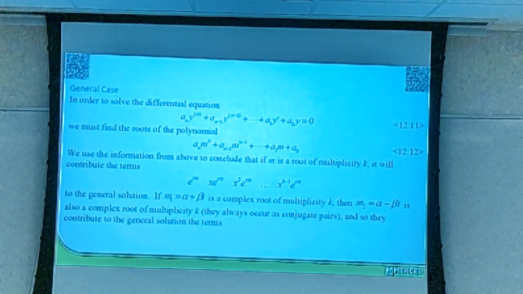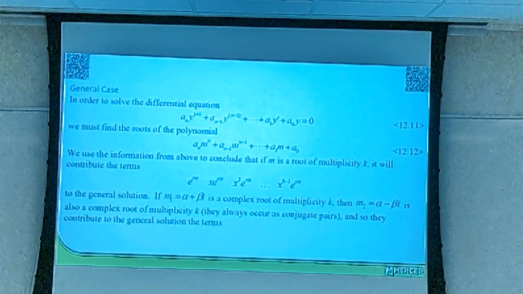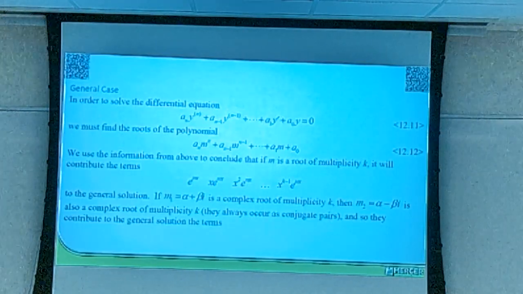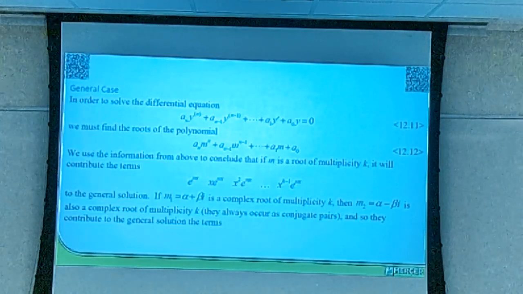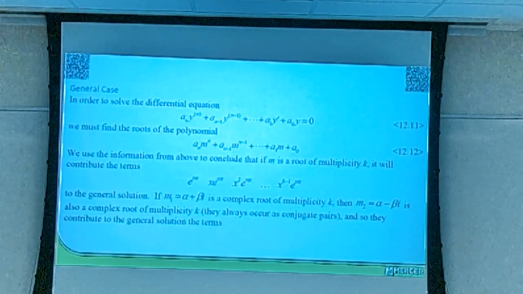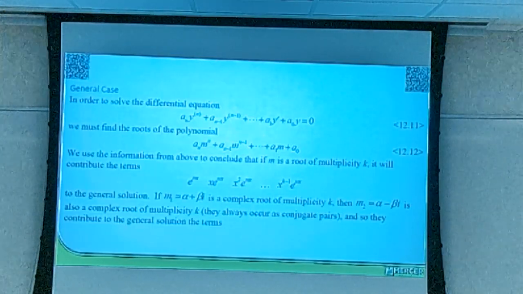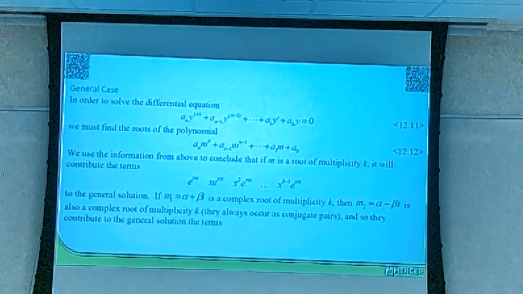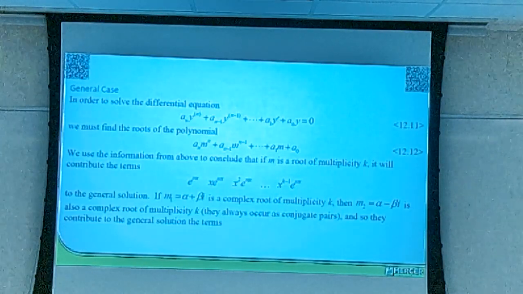Generally speaking, set up your auxiliary equation. Your root n has a multiplicity of k. What does multiplicity mean? It's like repeating, or the number of times that it repeats.